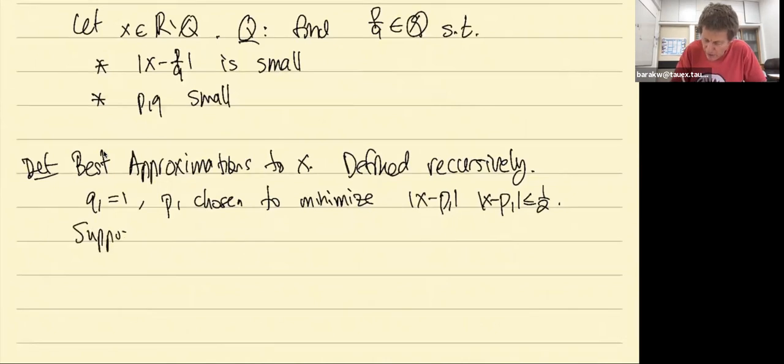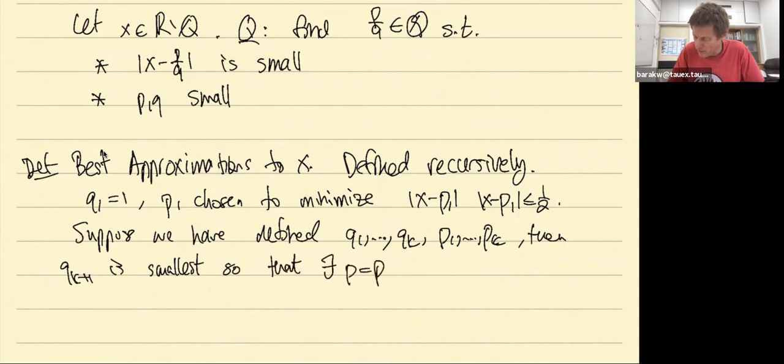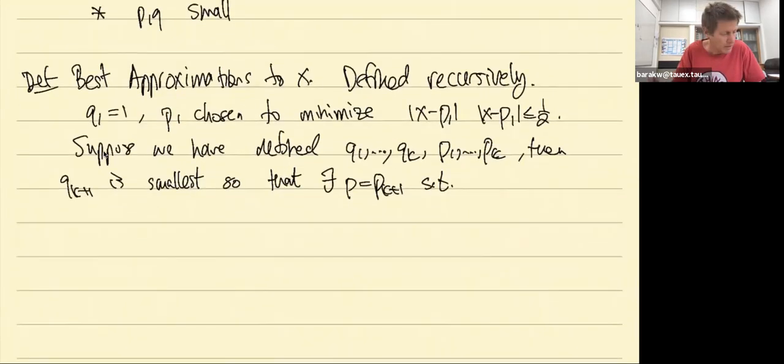Suppose we've already defined Q_1 up to Q_k and P_1 up to P_k. Then Q_{k+1} is the smallest such that there exists P, which is going to be P_{k+1}, such that |Q_{k+1} X minus P_{k+1}| is smaller than |Q_k X minus P_k|.